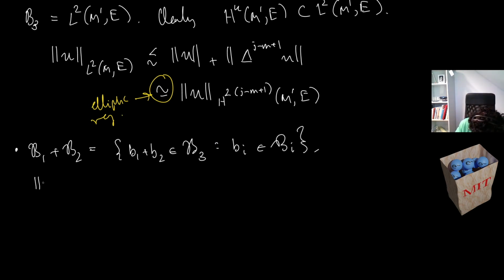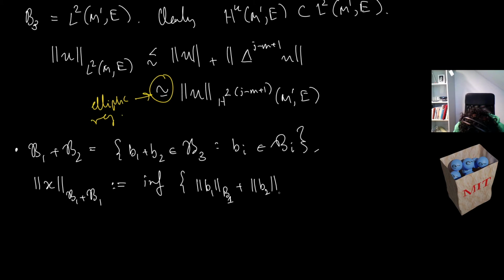And we give it a new norm to make it into a Banach space. The norm that we give it is precisely taking the infimum over all decompositions, B1 plus B2, such that X is equal to B1 plus B2.